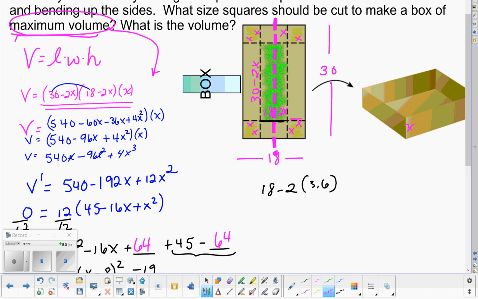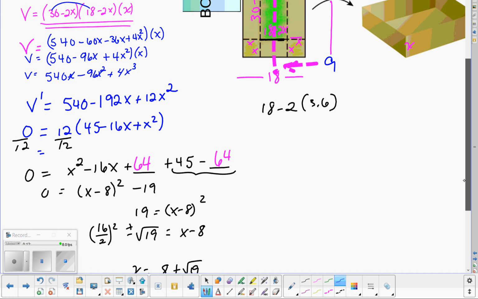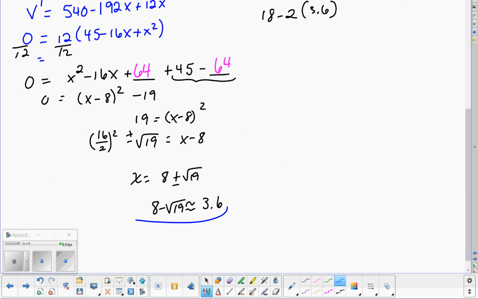So I can't make a cut deeper than 9 inches in, or we will be going beyond halfway and no box will be remaining. You cannot cut tabs that big. So I think this is the only one that'll work. The 8 plus square root of 19 will be obviously too big and won't work. So, and then from there we can plug this value in.